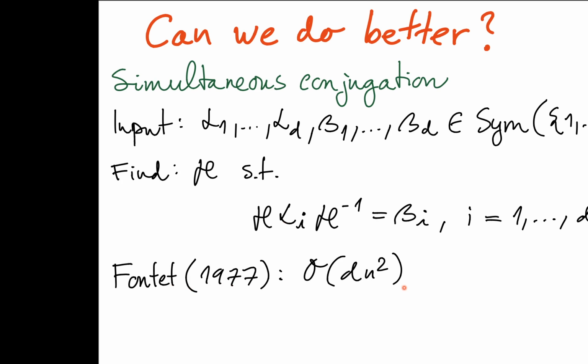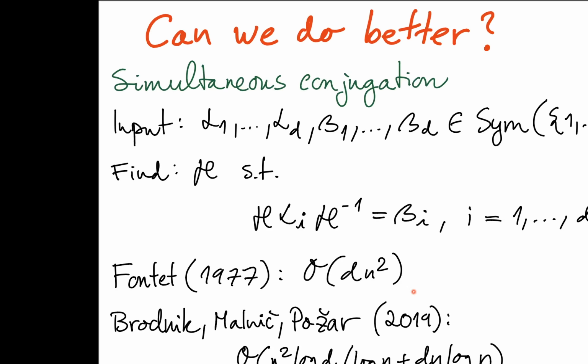So there has been a known quadratic algorithm for this problem for quite a long time, and only recently a faster algorithm appeared, and we can see what this implies for our case. If d equals 2, we get an O(n squared over log n) algorithm for maps, which does not depend on the genus.